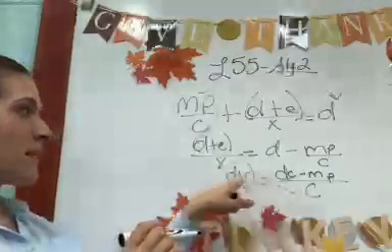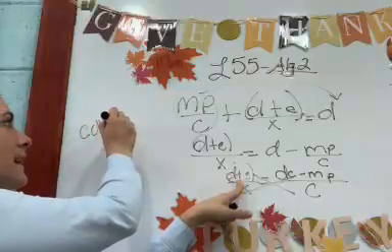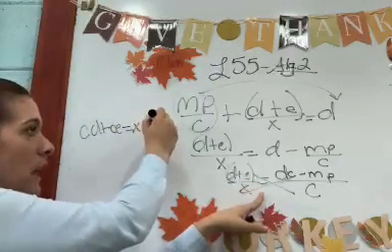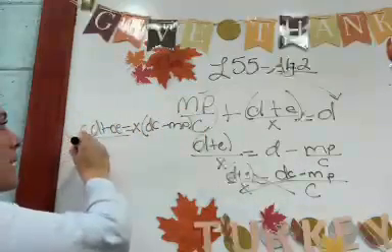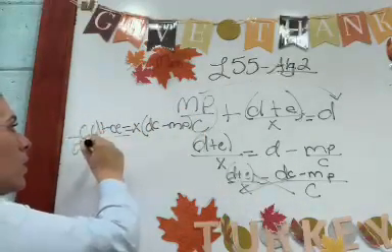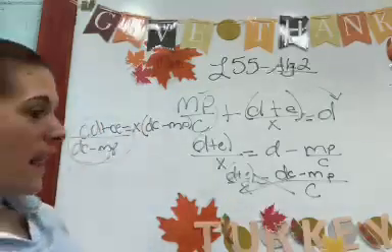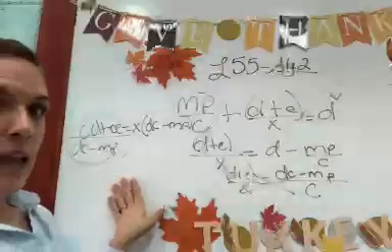So I'm going to have c times d plus e, so cd plus ce equals x times dc minus mp over c, and then I'm going to put that dc minus mp over here, okay, for that to be the answer, okay?